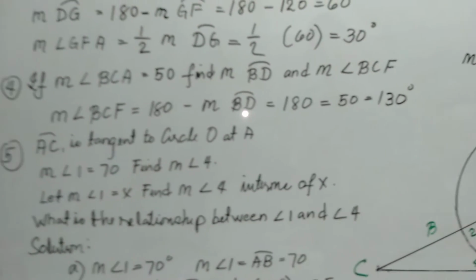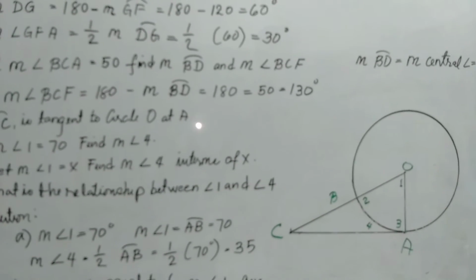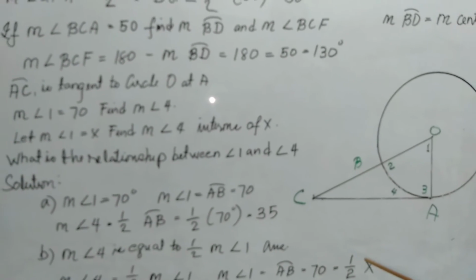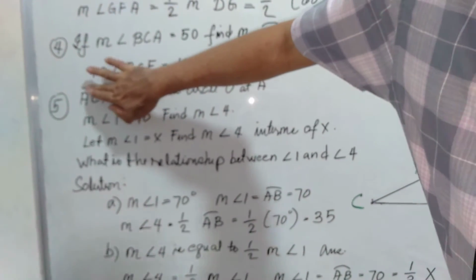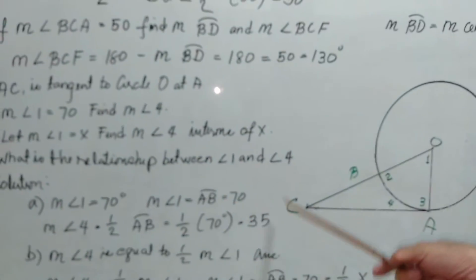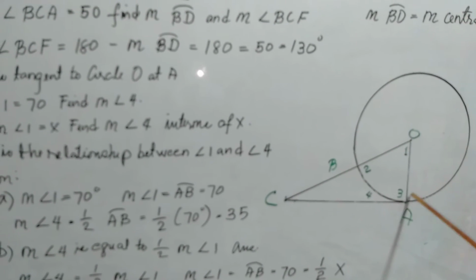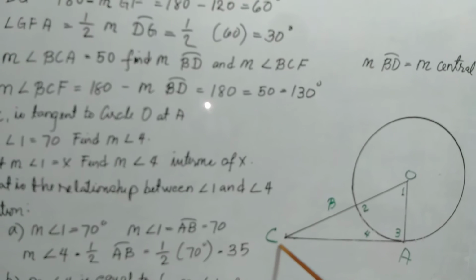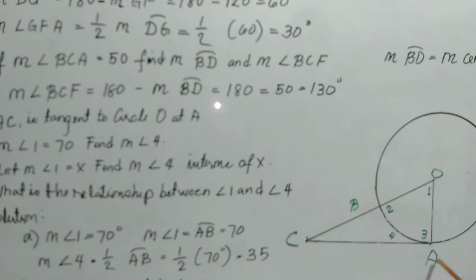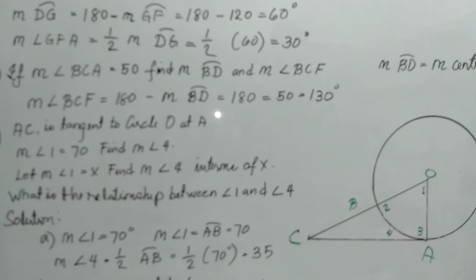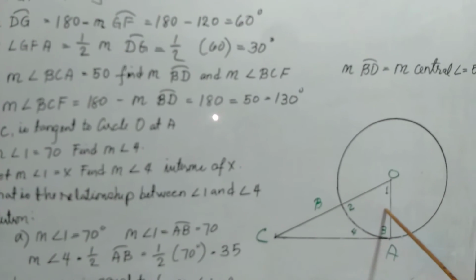Segment AC is tangent to circle O at A. The measure of angle 1 is given to be 70 degrees, and we are asked to find the measure of angle 4.